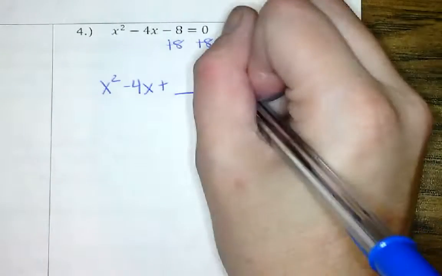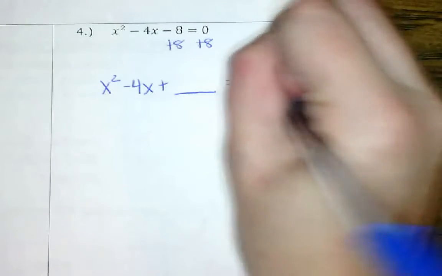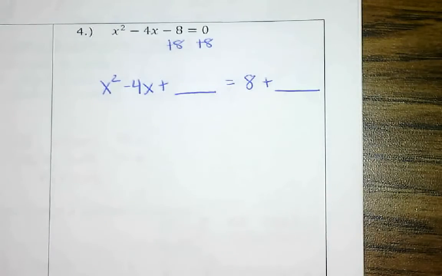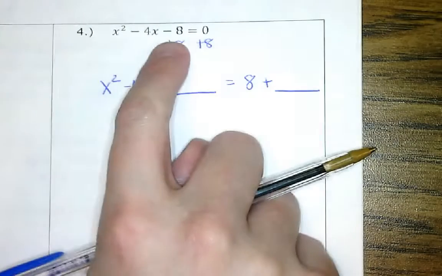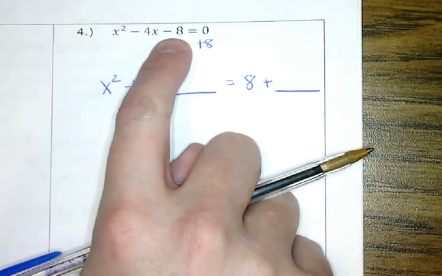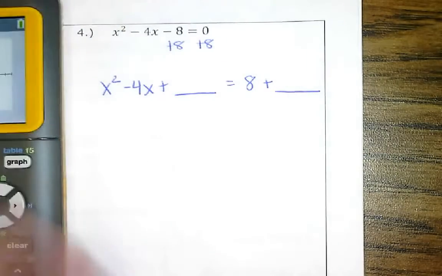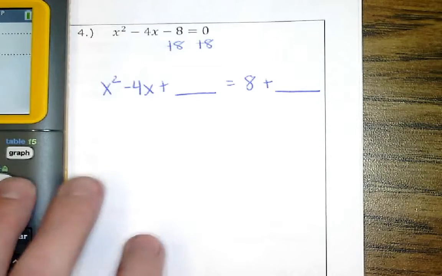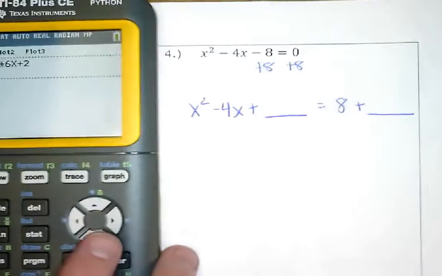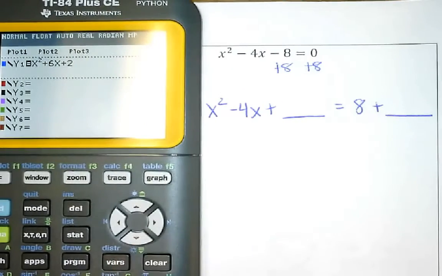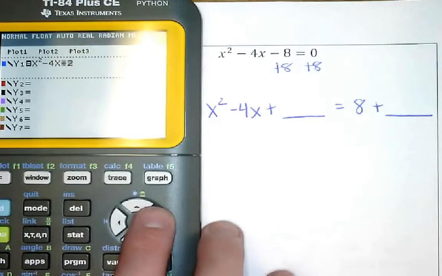Are you guys good with that? So now, y'all, this cannot be factored, can it? Nothing can give you negative 8, but add to negative 4. Let's make sure this actually has real solutions before we do all the work. Let's not do the work if we don't have to. Negative 4x minus 8. I got to have the x in there, don't I?